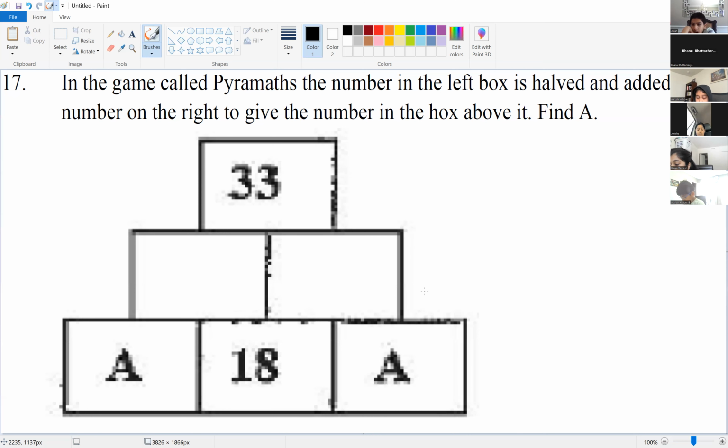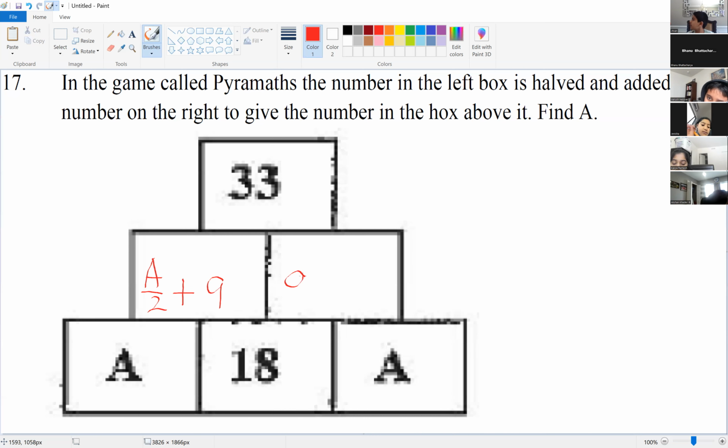The number in the left box is halved and then given to the number in the right above it. So what that means is it is A divided by 2, and then it would be given to the box above it. So this should be A over 2 plus 9, right?